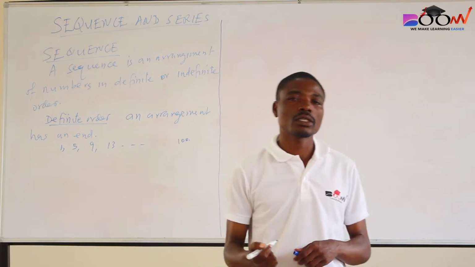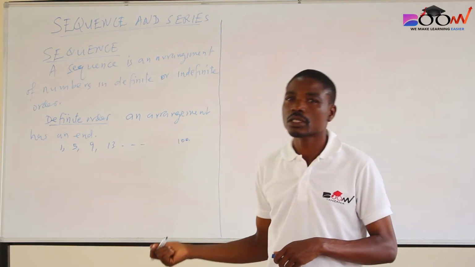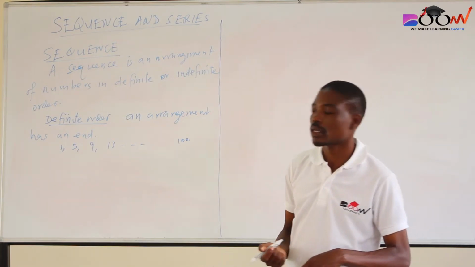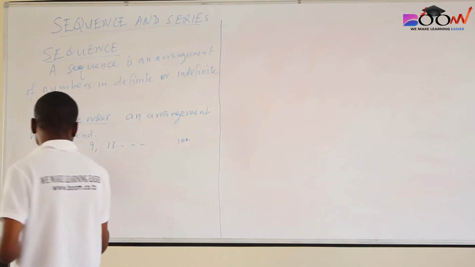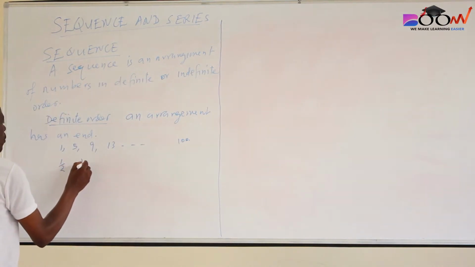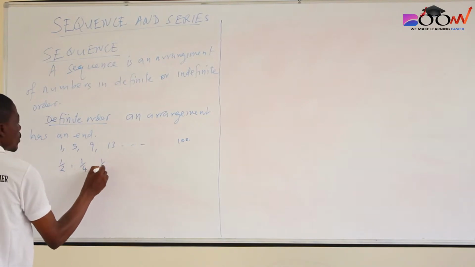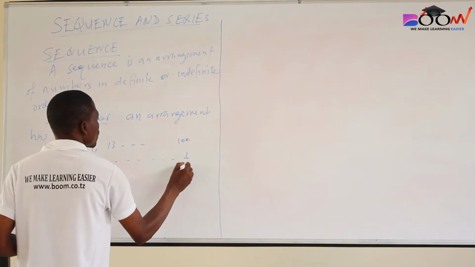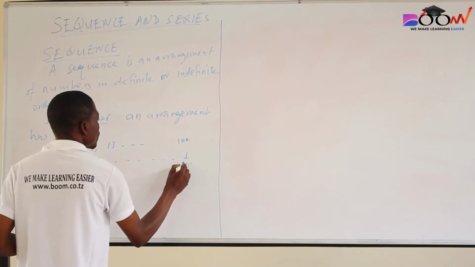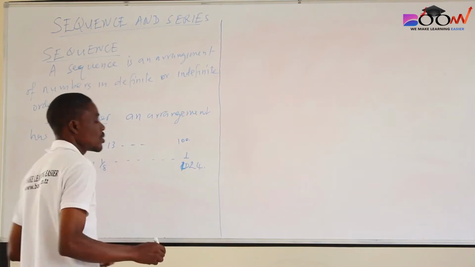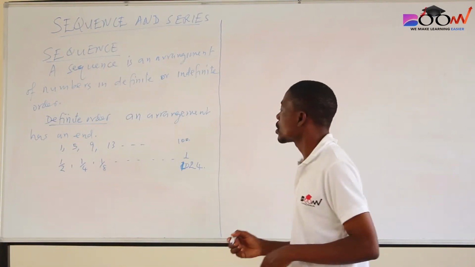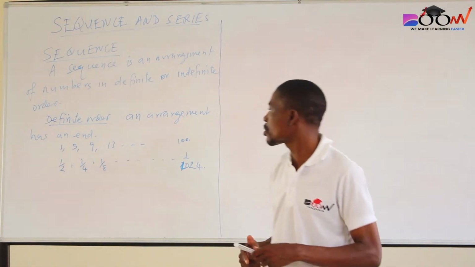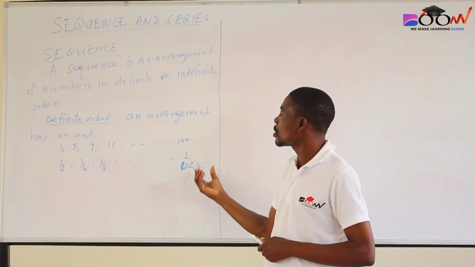It means we are going to discover that the last number is 100. It can be half, 1/4, 1/8, up to 1/1024. Again, this is an arrangement of numbers in which our last digit can be discovered.